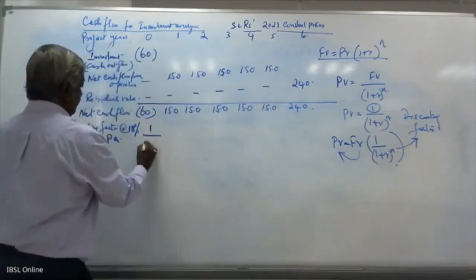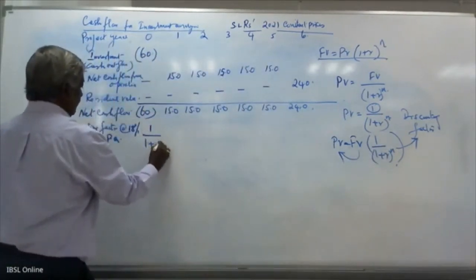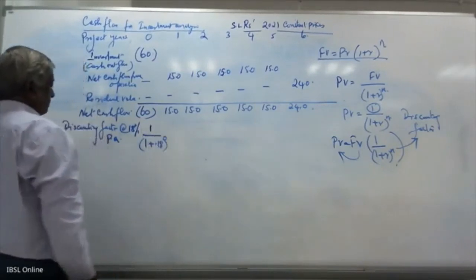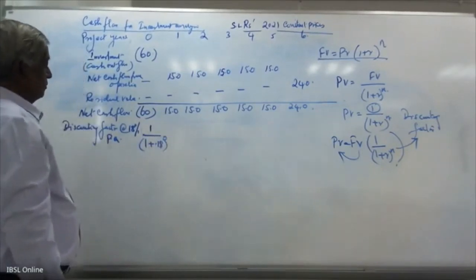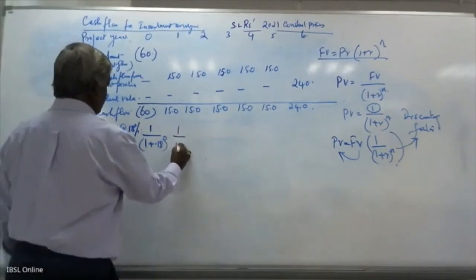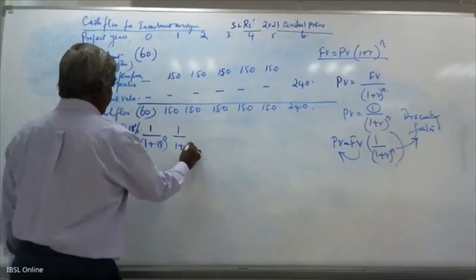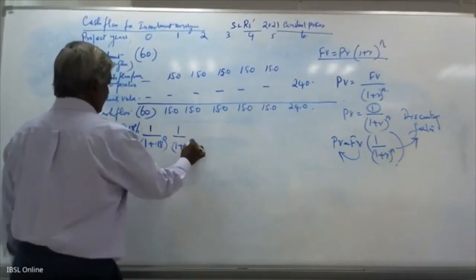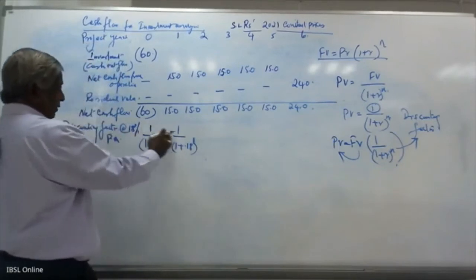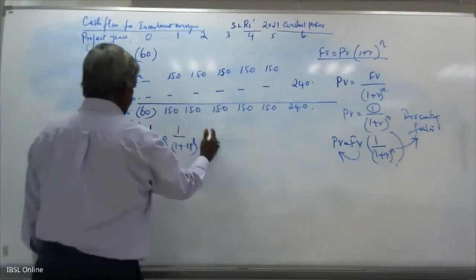1 divided by 1 plus 0.18 to the power n, that is 0. Next one, 1 divided by 1 plus 0.18 to the power 1. We are calculating the discounting factor.